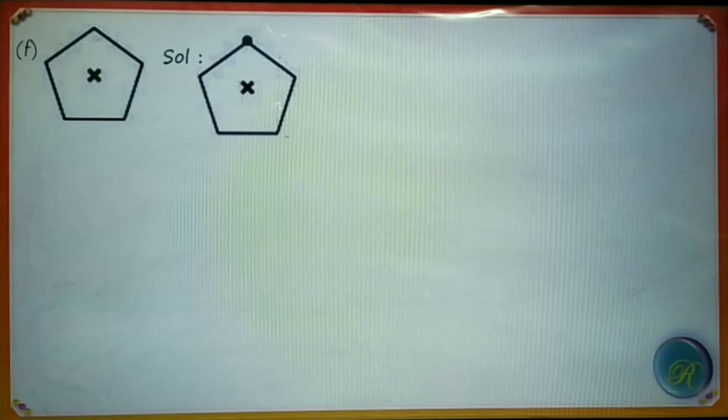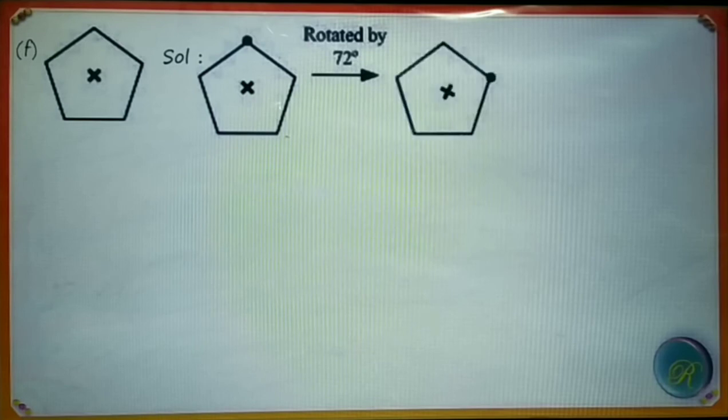Figure F. Solution. Consider the given figure. When we rotate this figure about 72 degrees in a clockwise direction, then the next position will be this one.